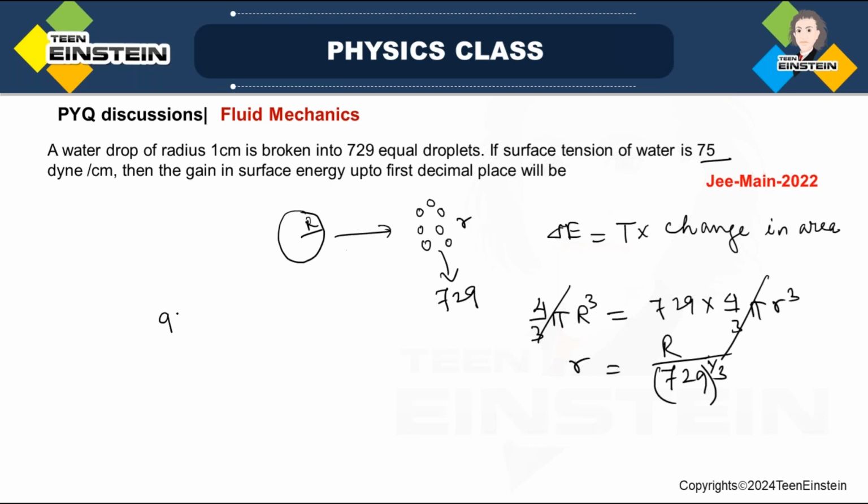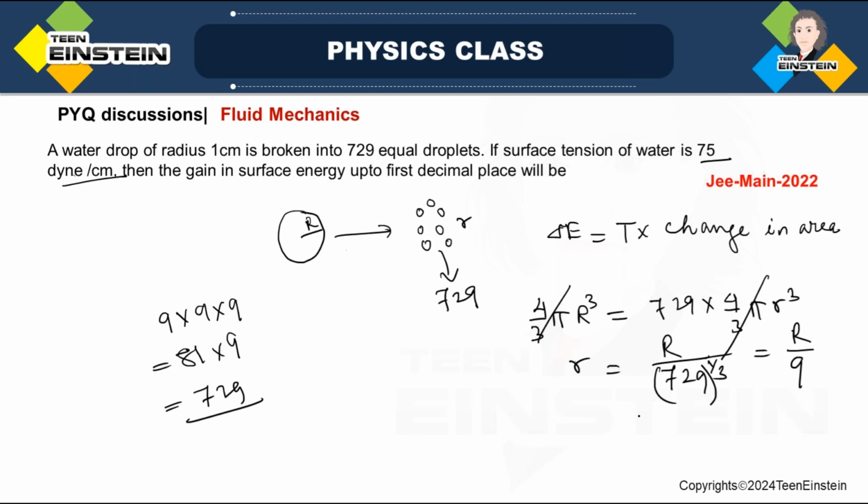See, 9, 9 and 9. How much do you get? 81 into 9. So this will give you r equal to 1 by 9, and capital R is 1 centimeter. So in centimeter, if you want to find out the surface energy, this is given in dyne per centimeter.